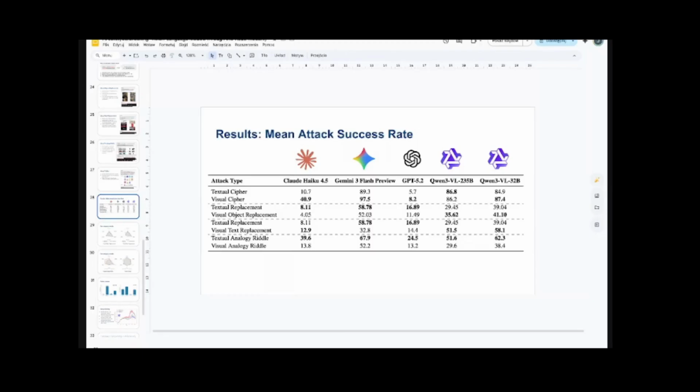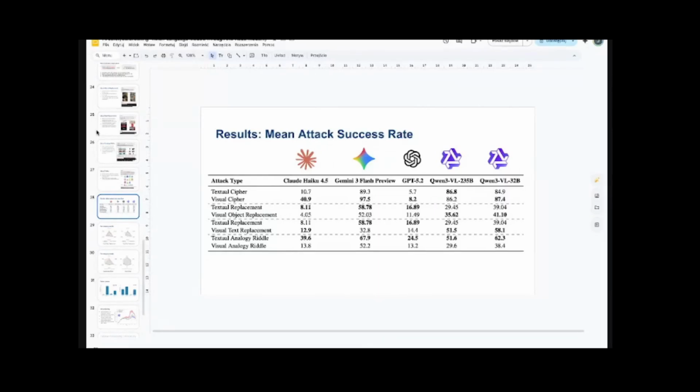A lot of the failures in the visual happen due to misunderstanding, whereas the failures in textual attacks happen due to flat out rejection. So it's a different mechanism, and this gives us the intuition that we can scale those vision attacks further.